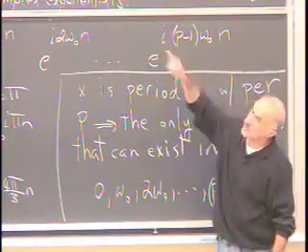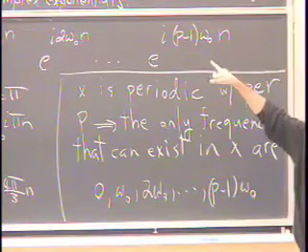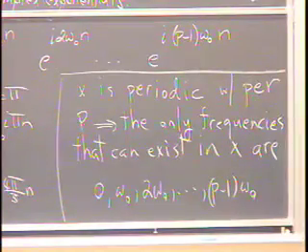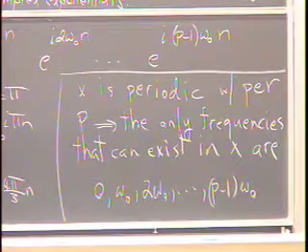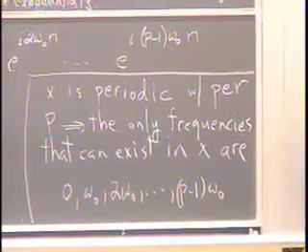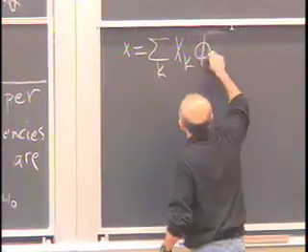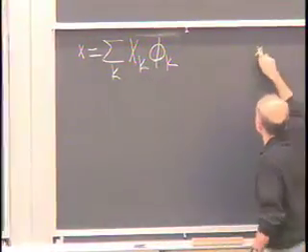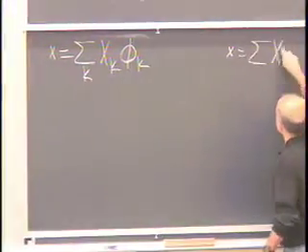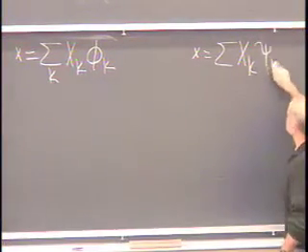Now let's go back to our geometric interpretation. What's common between the c's and the phi's? They're orthogonal. So when we wrote x as a linear combination of the phi k's, and again as a linear combination of the ck's, these coefficients will be different from those coefficients because your functions are different.